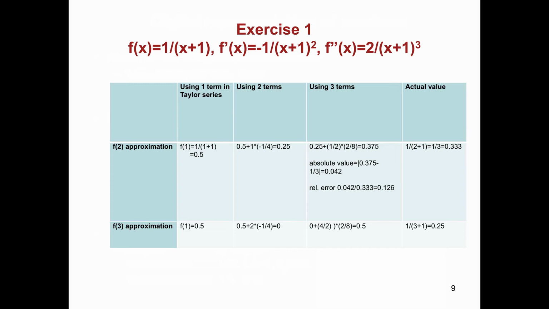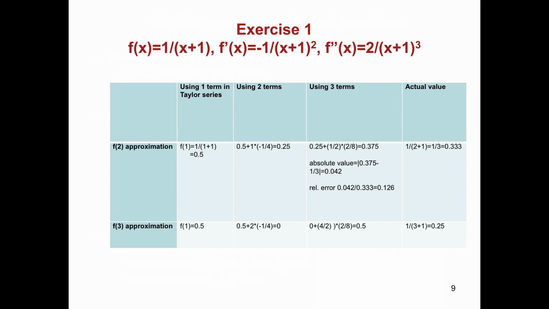Whether I'm plus or minus doesn't matter, it's just how close am I. And if I was doing relative error, I would take that absolute value and divide it by the actual true value to see the relative size, so I'm only 12% or so, 13% away. So that's not too bad for only 2 terms.